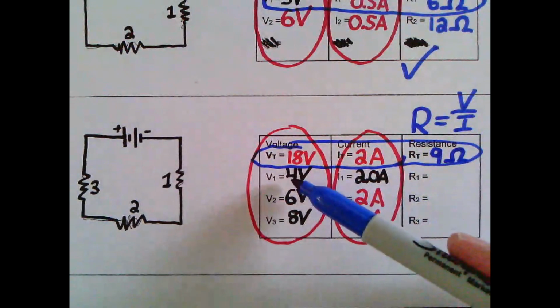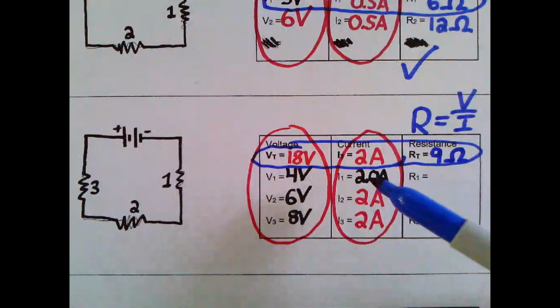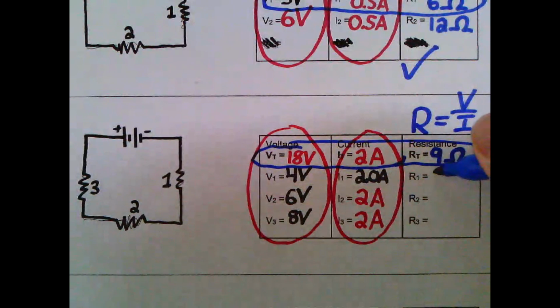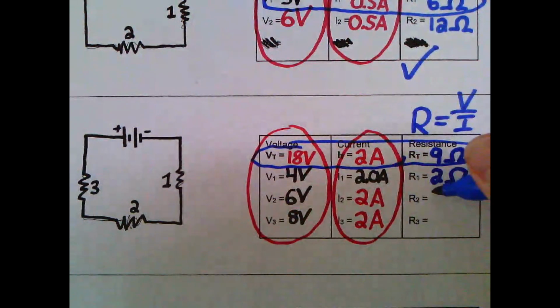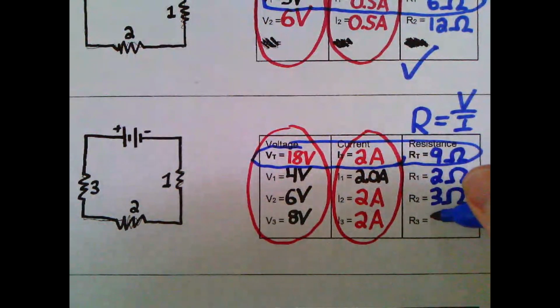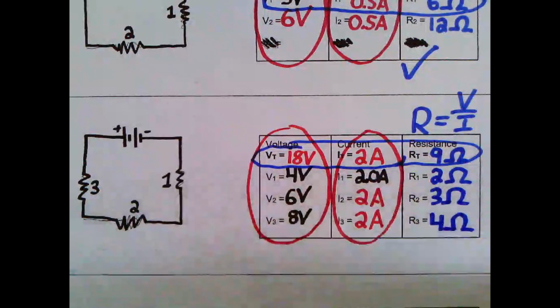We can figure out this one: 4 volts divided by 2 is 2, 6 divided by 2 is 3, 8 divided by 2 is 4. Again, we can check our work because we know that this plus this plus this should equal 9. So 4 plus 3 plus 2 equals 9, so we're good.